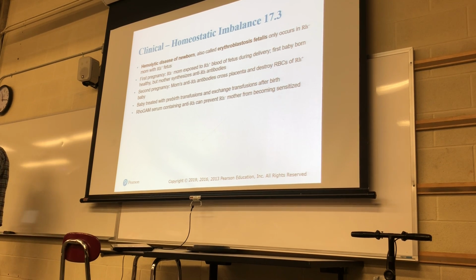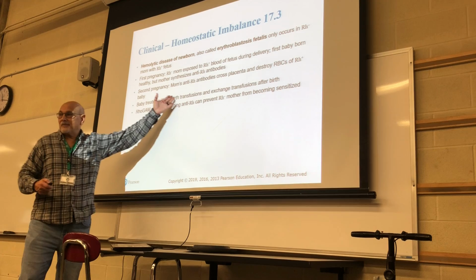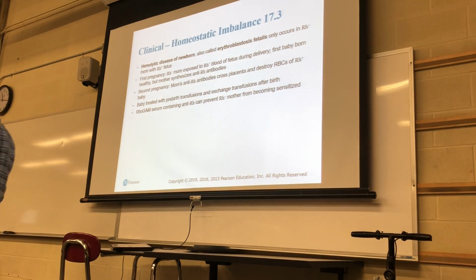So first baby, okay. Second baby, she's already built up antibodies. So what would I do to prevent it? If she's going to get pregnant, I give her a product called RhoGAM. RhoGAM will go in and mom's body can't sensitize to the positive RH factor, and the baby will be born fine. Do you give it while she's pregnant? No, you give it to her before. So the first baby will be fine.